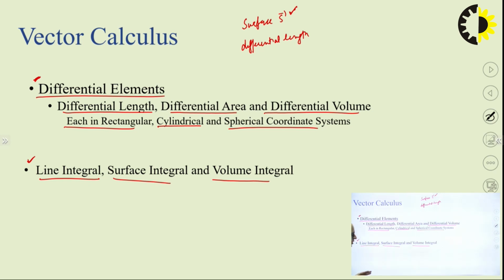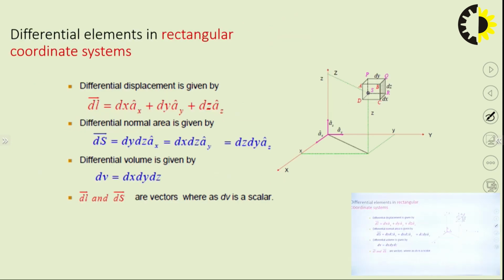So today we will discuss only the differential element and one numerical related to the differential element.